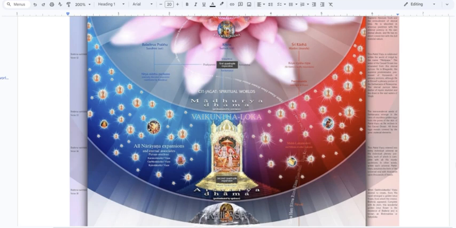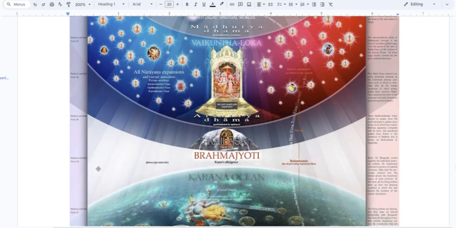This whole thing is the Vaikuntha planets. In between, this white thing that you see is called Brahma Jyoti. If one doesn't do Bhakti Yoga and he merges into the Brahman, then he can merge into this Brahman, this white effulgence that we see.